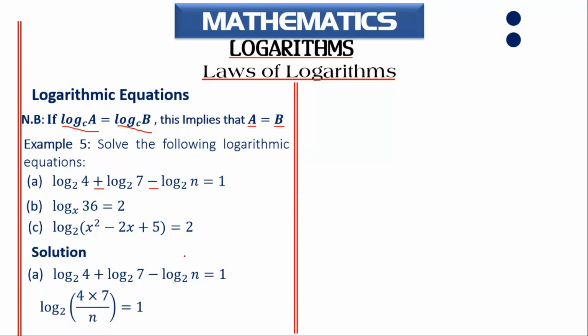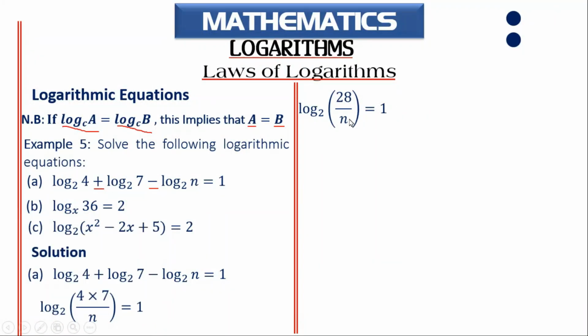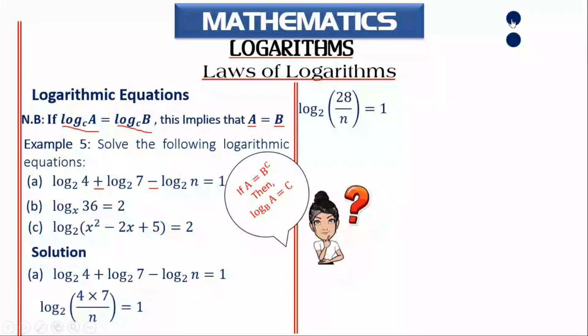Okay, so you can then go ahead and simplify further, which is going to give you 28 over n. Before you simplify further, you remember our law, the relationship between indices and logarithm, as stated earlier: if a equals b raised to power c, then log a to base b equals c.